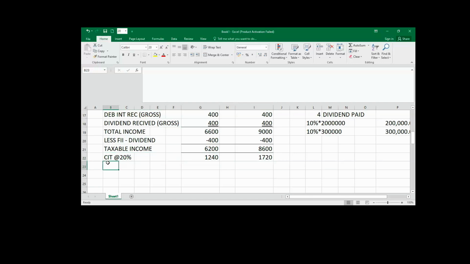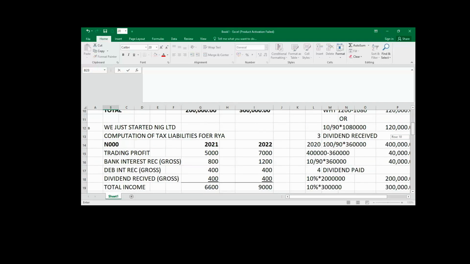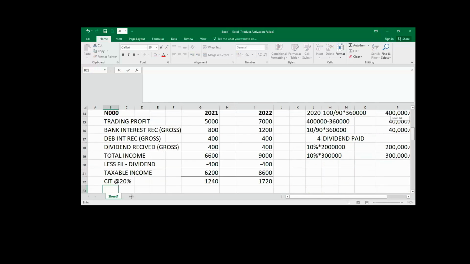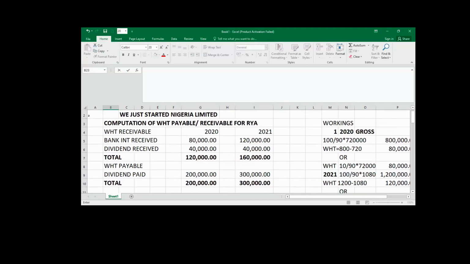But from this amount, they have already paid tax in advance. Less withholding tax suffered in advance on the bank interest receipt of 80,000 and 120,000. We cannot make use of the one for dividend because dividend has been eliminated from this income, since dividend is franked investment income.